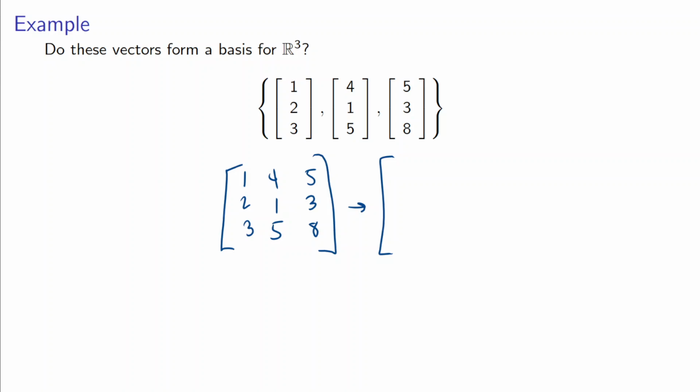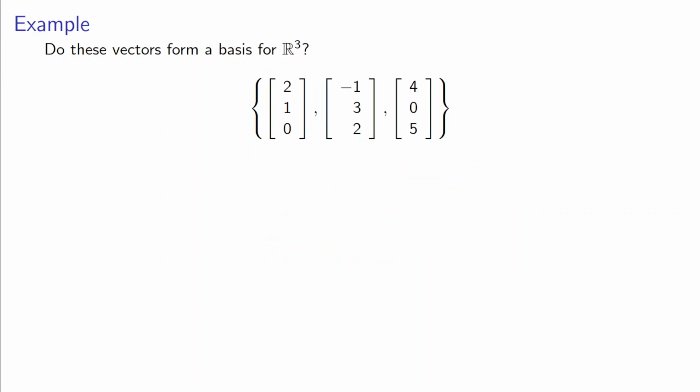If we row reduce this, we would find that in reduced echelon form, it is the matrix 1, 0, 0, 0, 1, 1, 0, 0, 0. And so we do not have a pivot in that third column, nor do we have a pivot in that third row. So we have neither spanning nor linear independence, so no basis. A simpler way of telling that: this is not row equivalent to the identity.